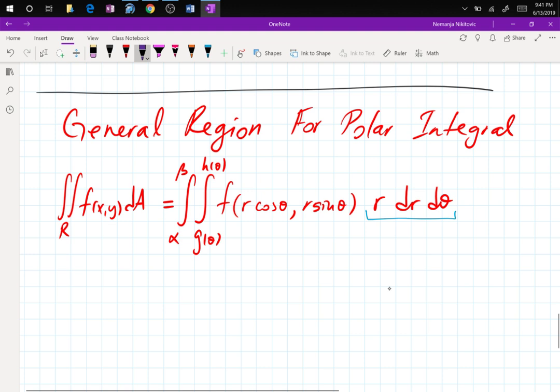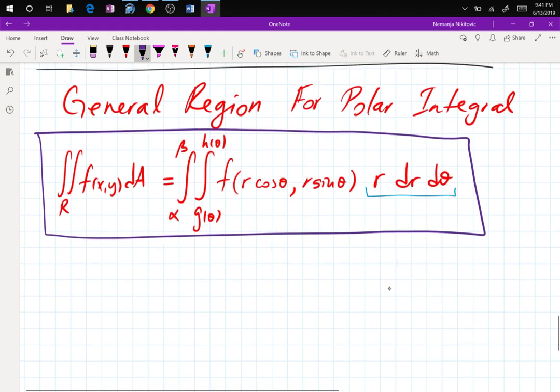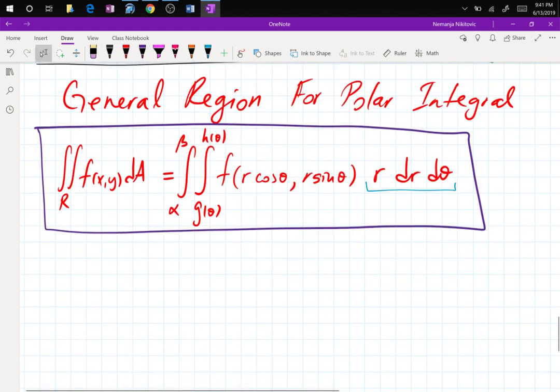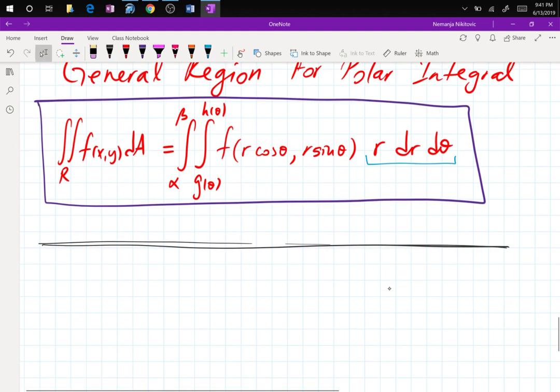So this formula here is the formula for the general polar region. And with this formula, you can set up pretty much anything.